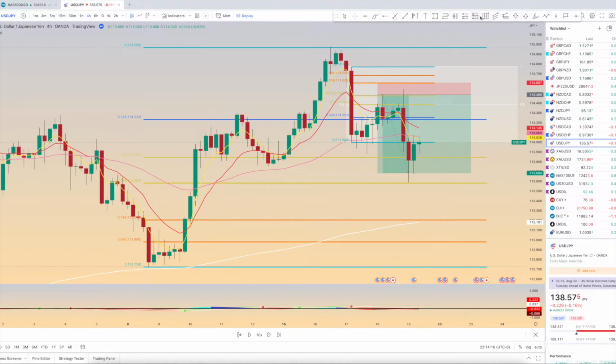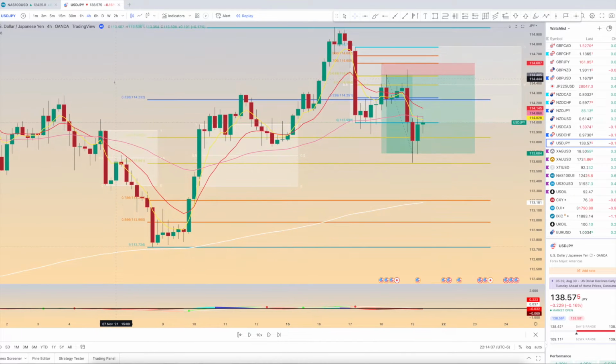Similar idea, right? We take the GAN box from wick to wick, draw it across, right? But it doesn't hit the 50%, so that would be a loss. That wouldn't have even been an entry, I mean. Okay, so irrelevant. But look at this one. Big red candle, draw a GAN box from wick to wick. Look at that, right off the 50% and down it goes. Right?